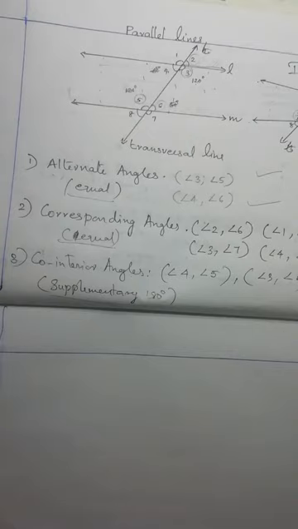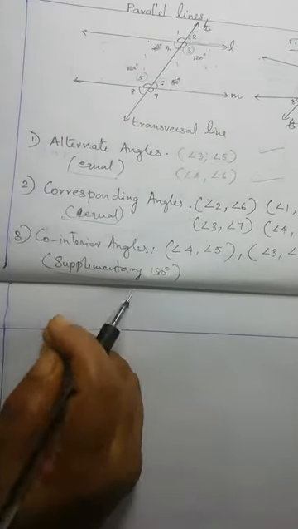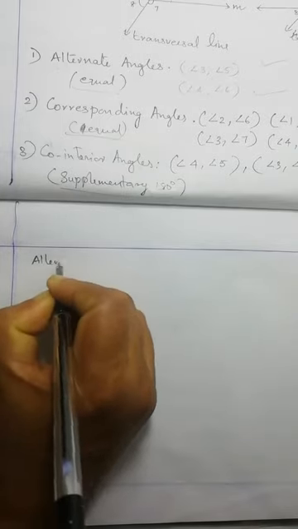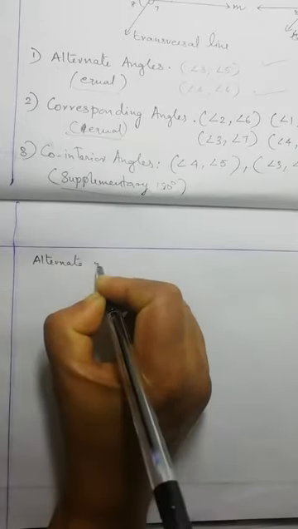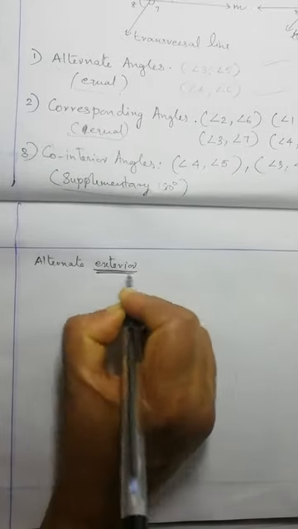Okay. First we have to identify which angles are alternate angles, and one alternate exterior angle also, that is not that much important. Then also you have to understand alternate exterior angles. If alternate exterior is asked, they will specify this exterior concept.